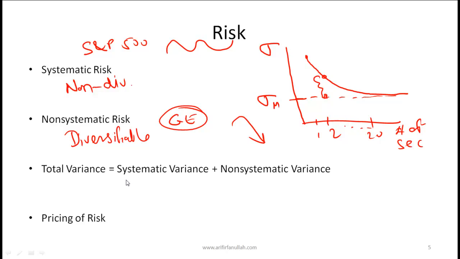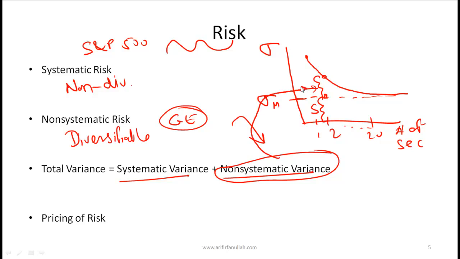Our total risk, let's say represented by variance, is simply the sum of the systematic risk plus the non-systematic risk. The non-systematic risk is this part and the systematic risk is the bottom segment. So the total variance or total risk is equal to the systematic risk plus the non-systematic risk.